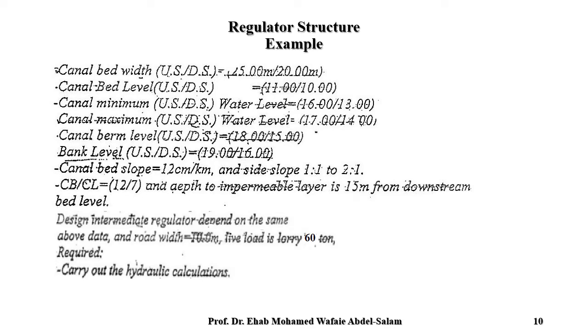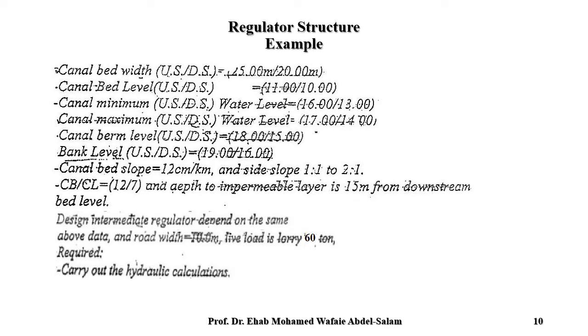Maximum and minimum canal bank level upstream and downstream, canal bed slope, side slope, factor of creep, C ply and C lane, and depth of impermeable layer is 15 meter for downstream bed level.